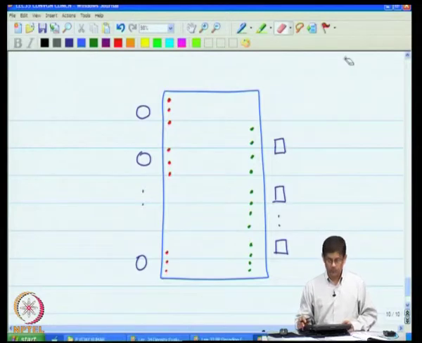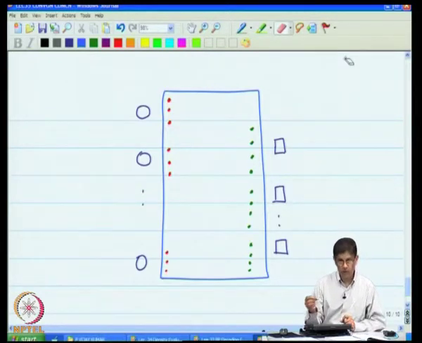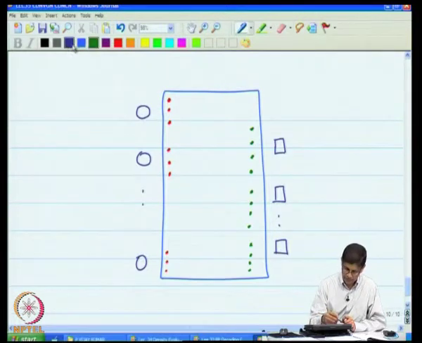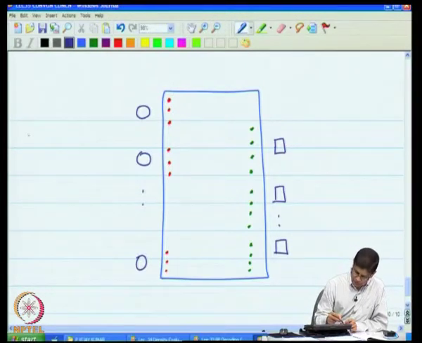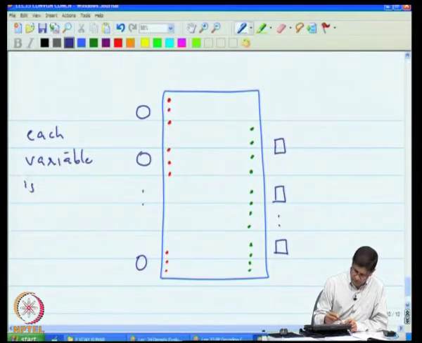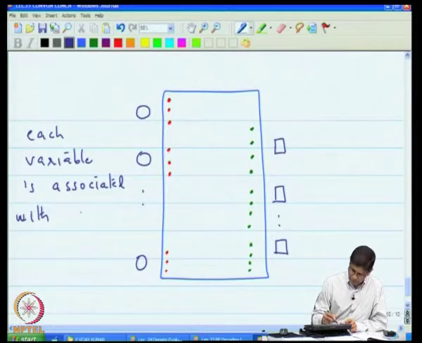So, you get this ensemble just by saying that, look, I need to think of each of these variable nodes as having sockets. So, each variable node is associated with dV sockets.